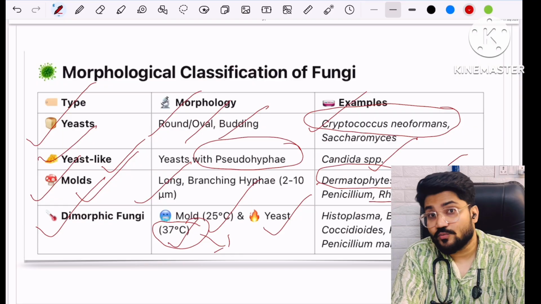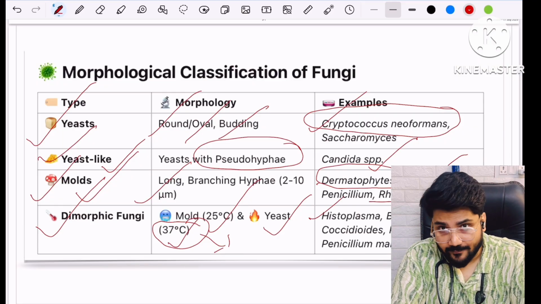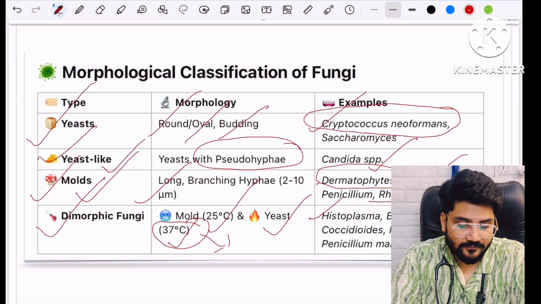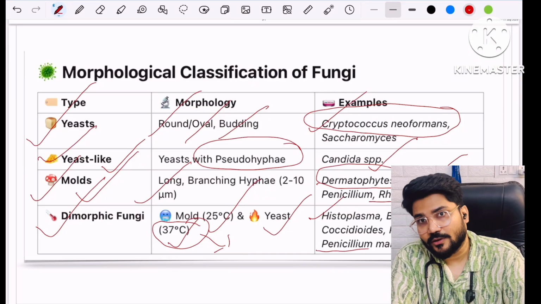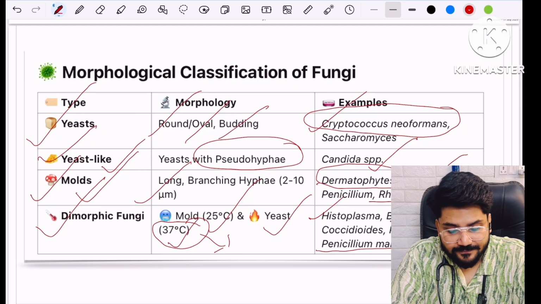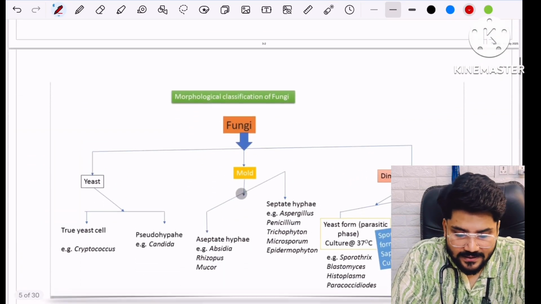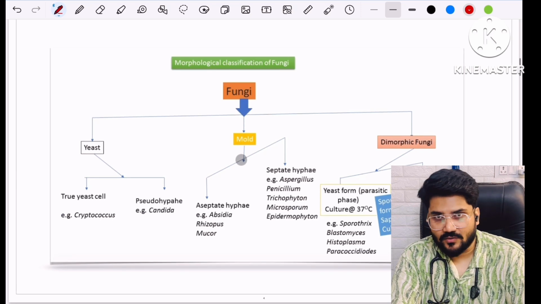And at room temperature, they convert into molds. Important examples are, first, Histoplasma, very important in the Indian scenario, then Penicillium, third Blastomyces, fourth Coccidioides and Paracoccidioides.